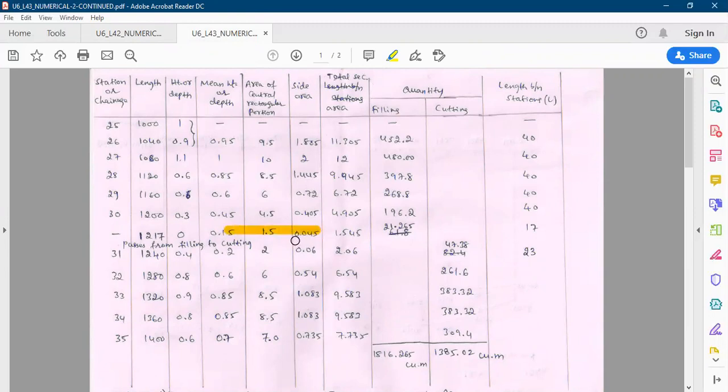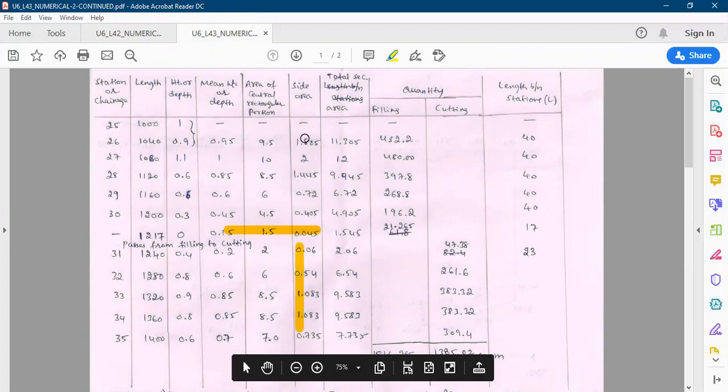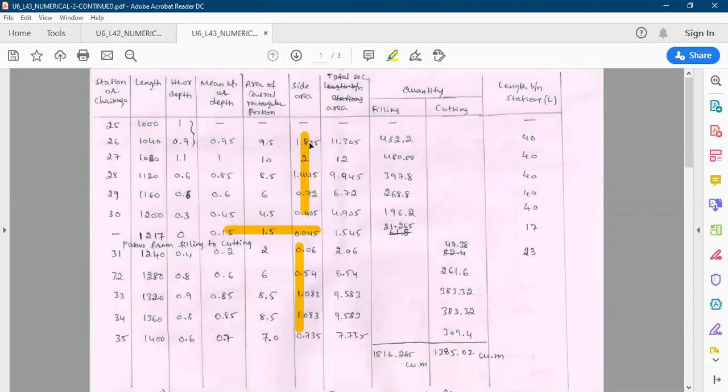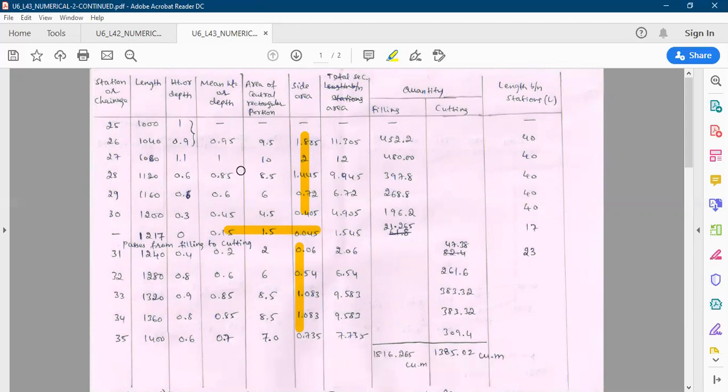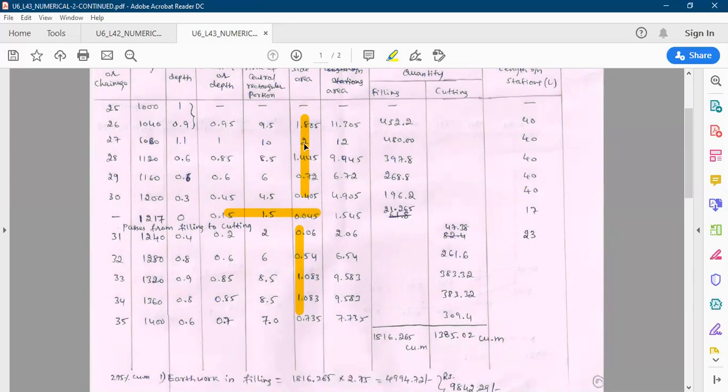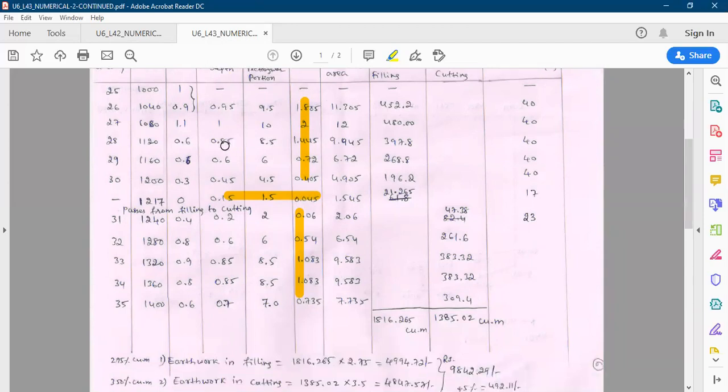From here to here, you have to multiply S as 1.5. That is 2 multiplied by average depth square, 2 multiplied by 0.95 square, 2 multiplied by 1 square. Similarly, 2 multiplied by 0.85 square. Up to here you multiply S as 2, from here it is 1.5. So this is where our S varies.